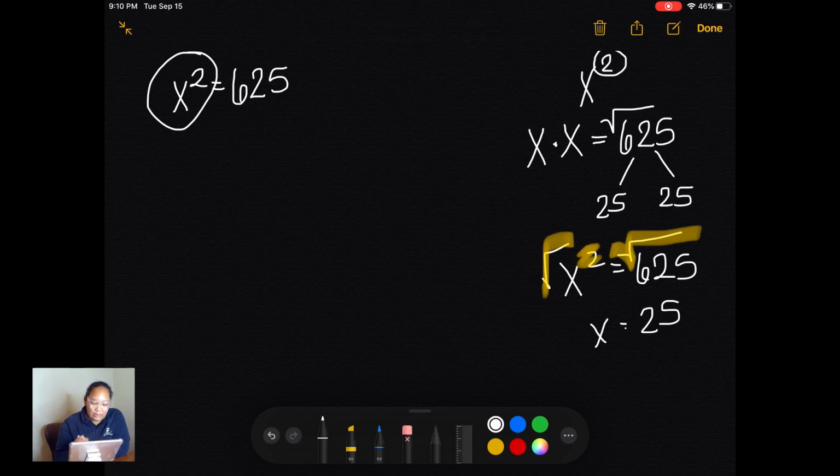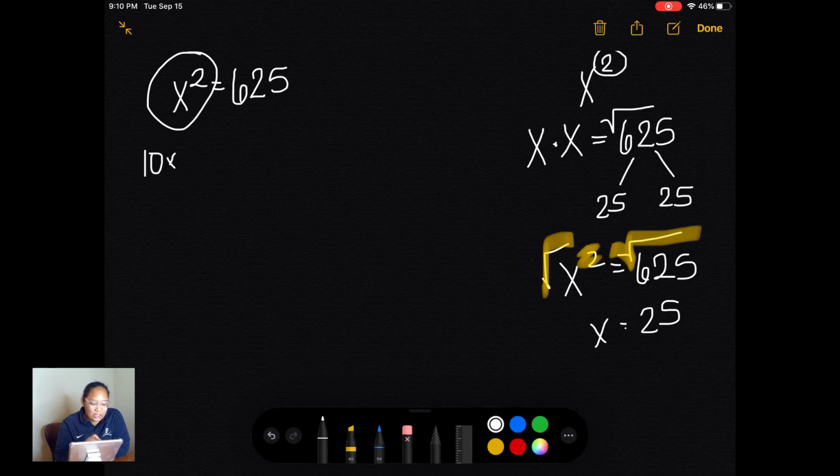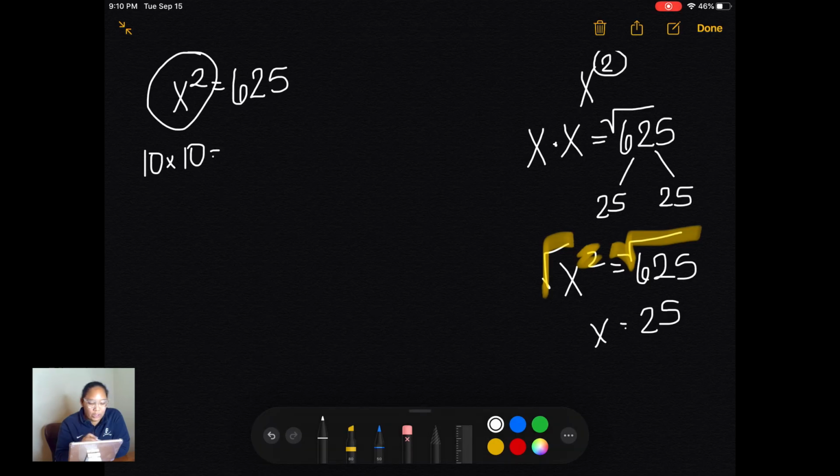If you were to estimate, I would say start with 10. So 10 times 10 equals 100. Well, I know that's way too small, but if I did 100 times 100, that would be way too big. I'm not even using that one.